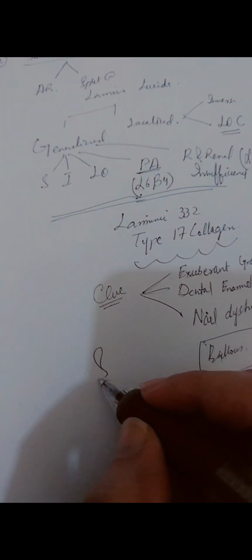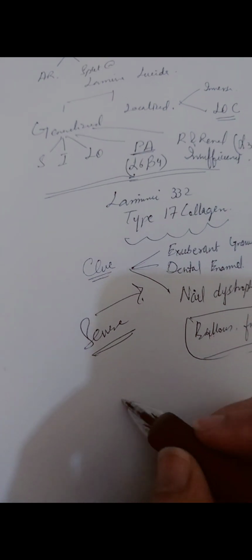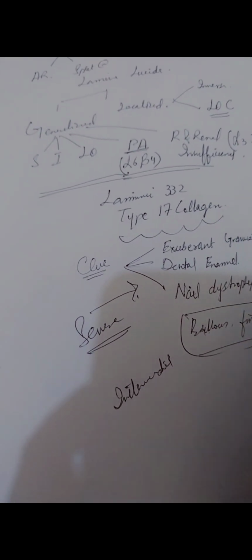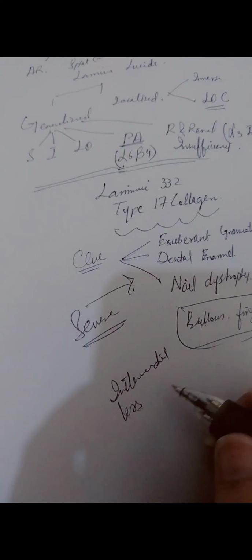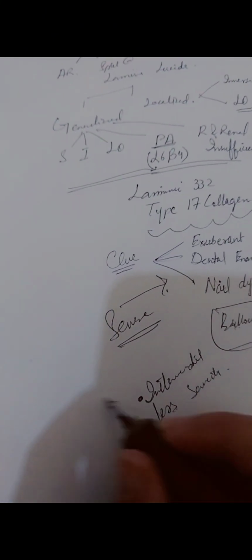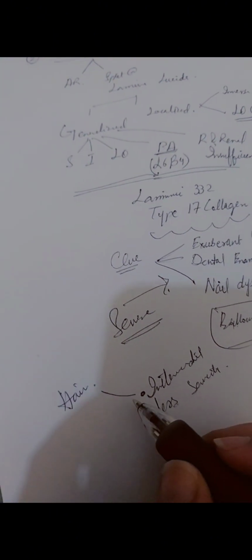In severe junctional EB, these will be more severe, and patients rarely survive beyond infancy, while in intermediate, these will be less severe. More or less, features are the same, but the severity is different. An additional clue for the intermediate form is hair changes. Hair is abnormal, alopecia can occur, or thinning of the hair can occur in the eyebrows, eyelashes, and scalp also.